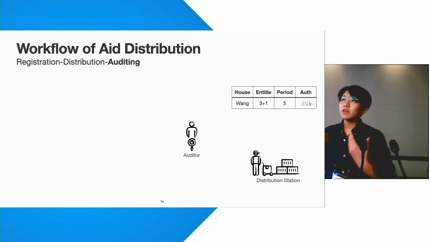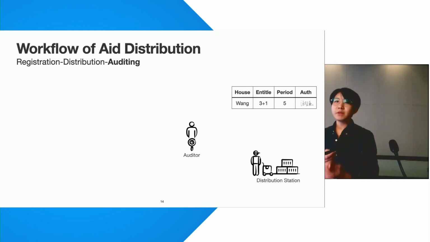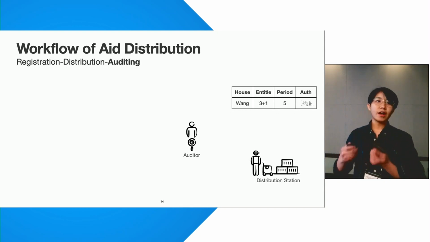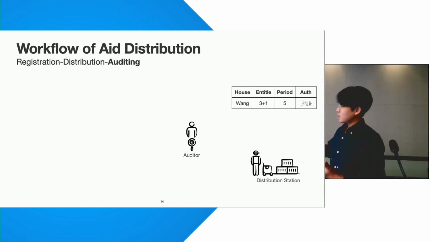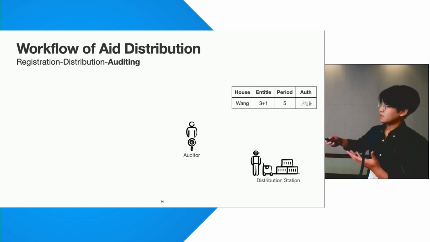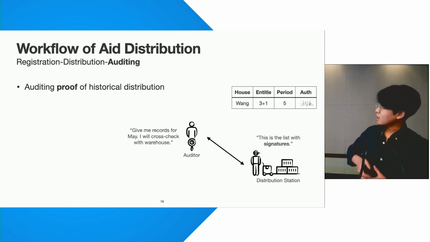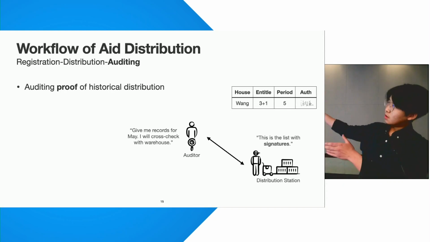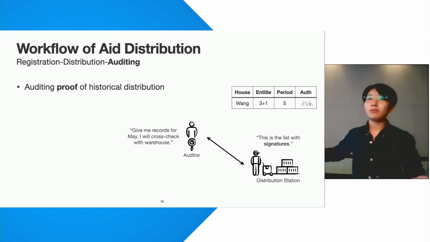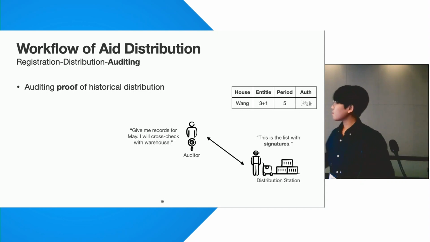Because the humanitarian organization needs to provide accountability for their operations, as they rely on voluntary donations. To provide accountability, they conduct this kind of auditing to provide transparency. What they usually do is give this list together with the signatures to the auditor, and then the auditor will be able to cross-check with the warehouse.